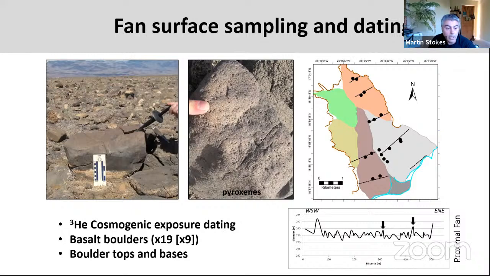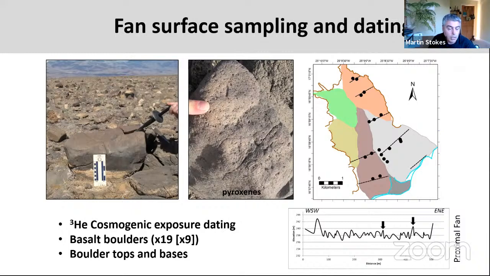So it's looking at the accumulation of helium-3 through time after deposition on the fan surface. You sample the boulder tops and also the undersides. The boulder tops particularly are obviously the focus of attention.